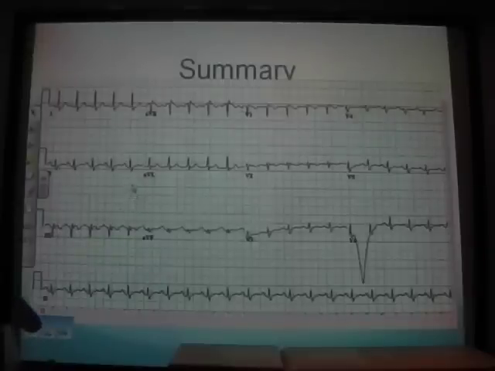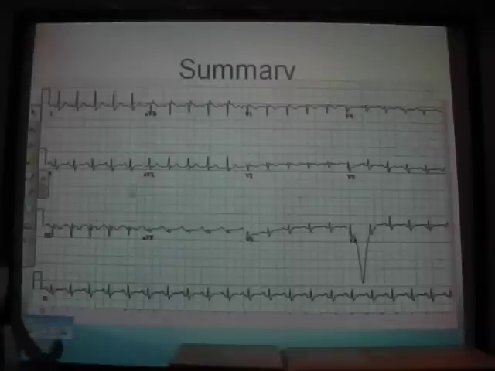Going back through it, we've looked at the Q waves now. Now we look at the ST segment, and going through all our territories, the ST segment is not raised. So I'm happy with that. Now we look at T waves: normal T waves, but an inverted T wave in lead 3 with a pathological Q wave.